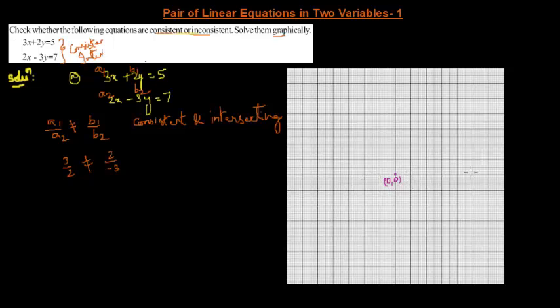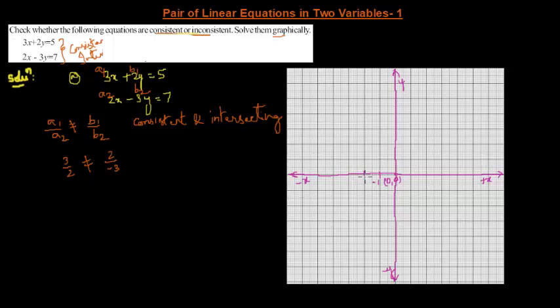Then you have positive x-axis here and negative x-axis here. This is minus x. This is positive x-axis. And this is y-axis and this is negative y-axis.